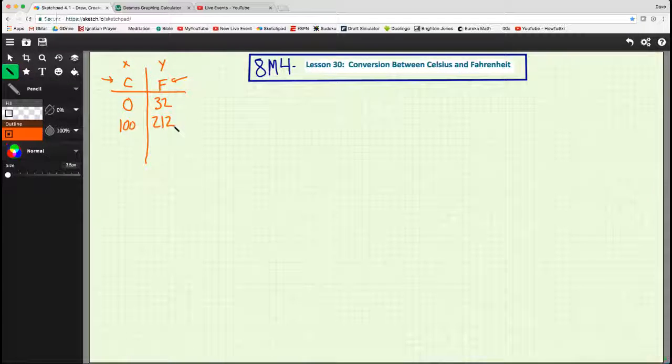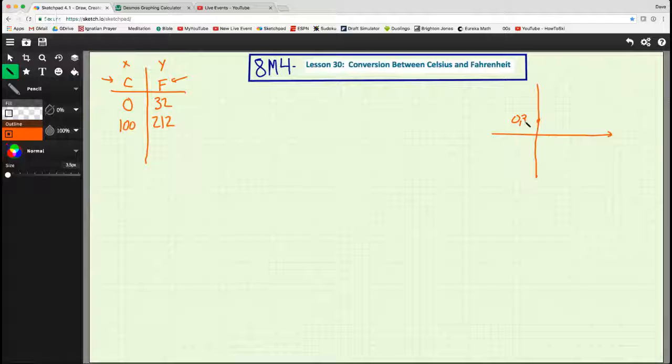And you know what? Maybe we'll just go ahead and build a quick graph off this, and I want to show you what we're going to do here. If this point is 0, 32, this is 0, 32.